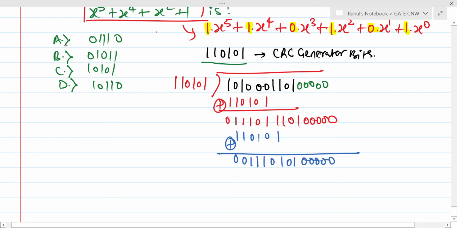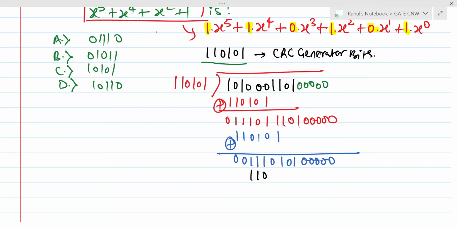Now again, 1 1 0 1 0 1, so 1 1 is 0, 1 1 is 0, 0 1 is 1, 1 0 is 1, 1 1 is 0, 0 1 is 1, and the rest 1 2 3 4 5 as it is.